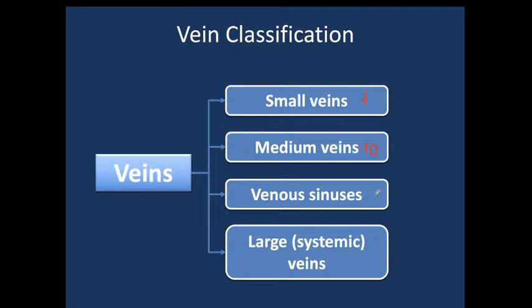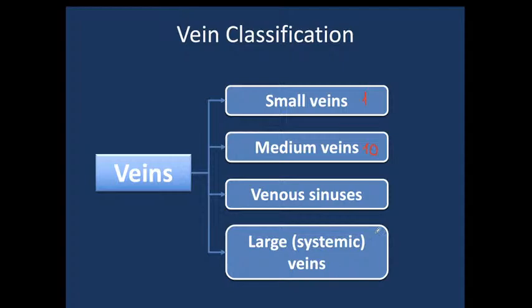That is in the brain, in the cranial cavity. Unlike other veins, they are not capable of vasoconstriction. No constriction for venous sinuses, only easy flow for the blood.